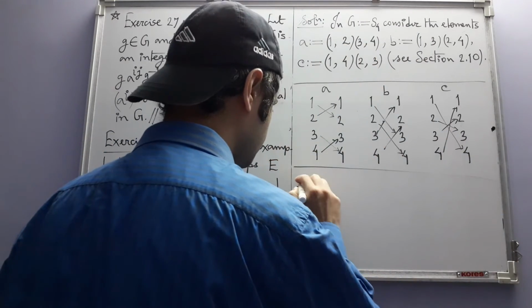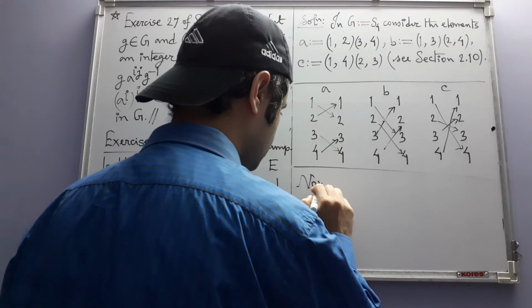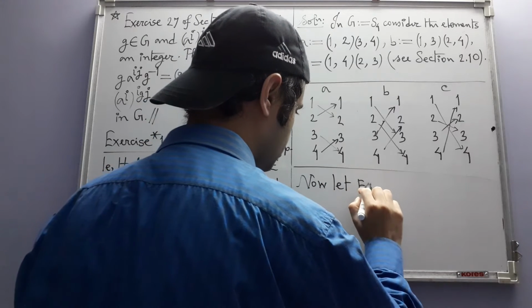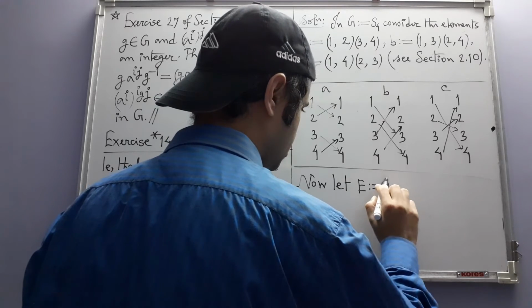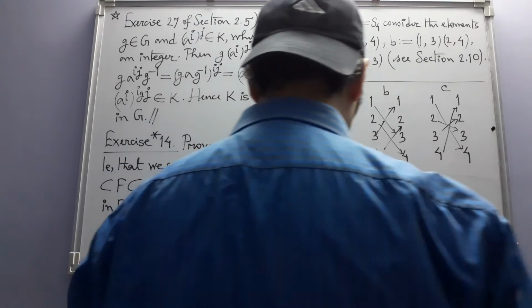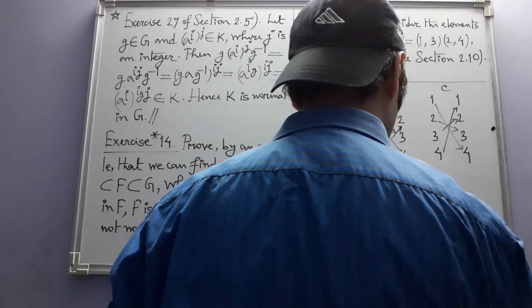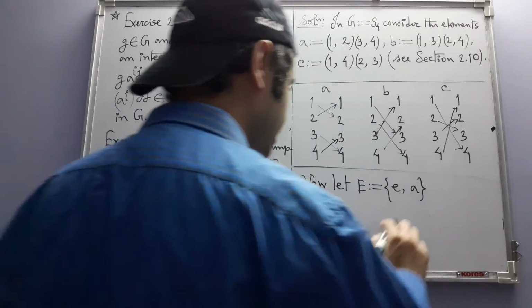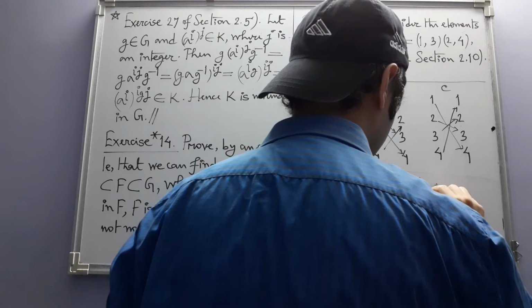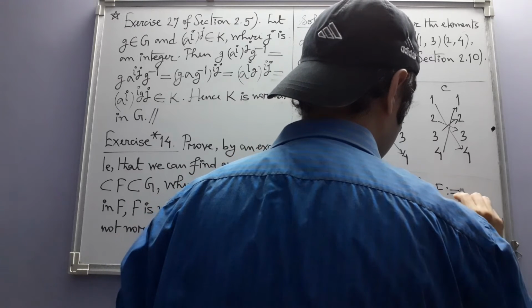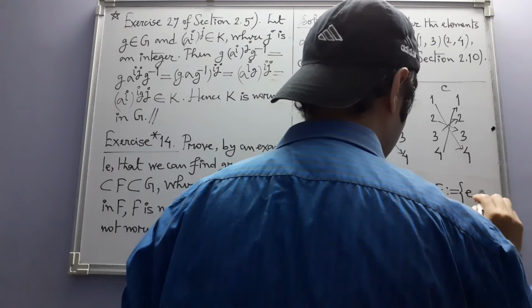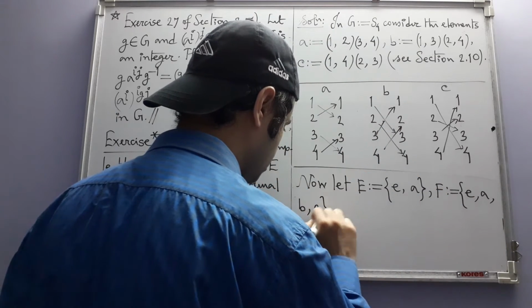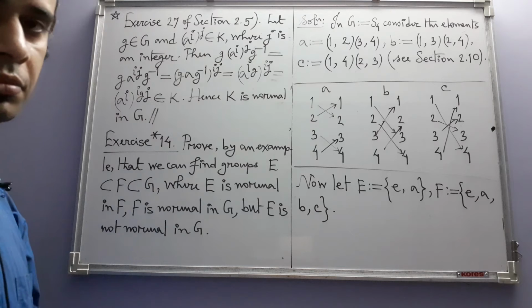Now let E be the set consisting of the identity permutation and A, and F be the set consisting of the identity, A, B, and C.